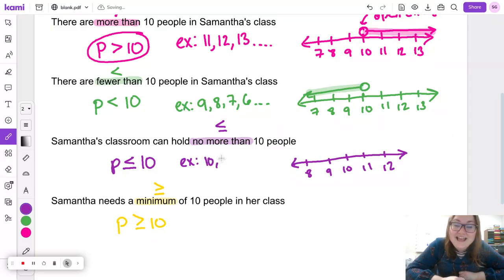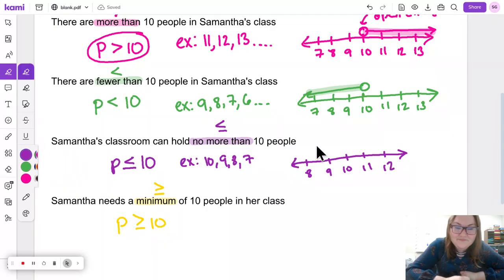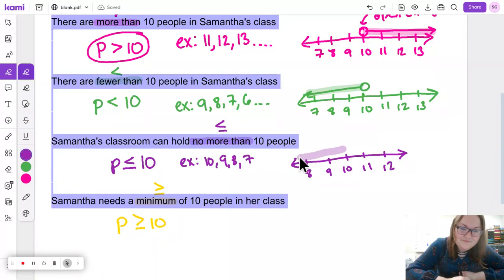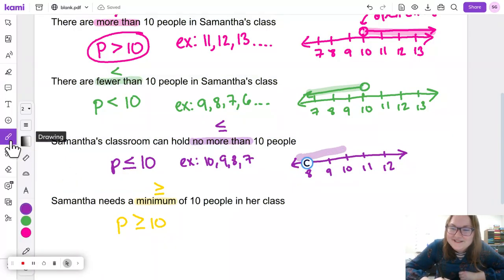So numbers like 10, 9, 8, 7, those are the numbers of students it could hold. So on my number line, similar to our less than graph, I'm going to be coloring numbers to the left, these numbers here. The only difference this time is I also want to show that I'm including 10 as a possibility. It can be 10 or less.